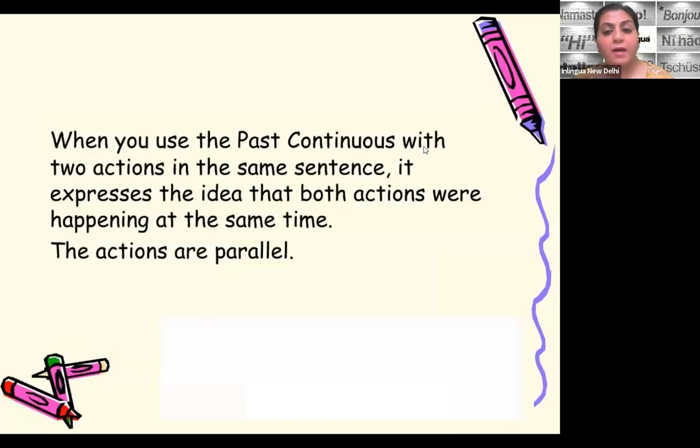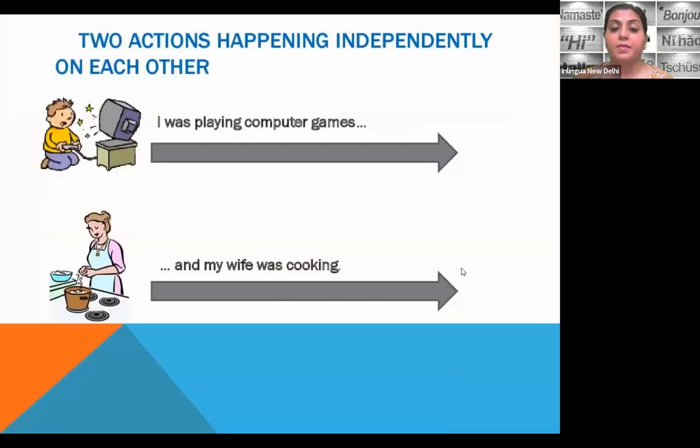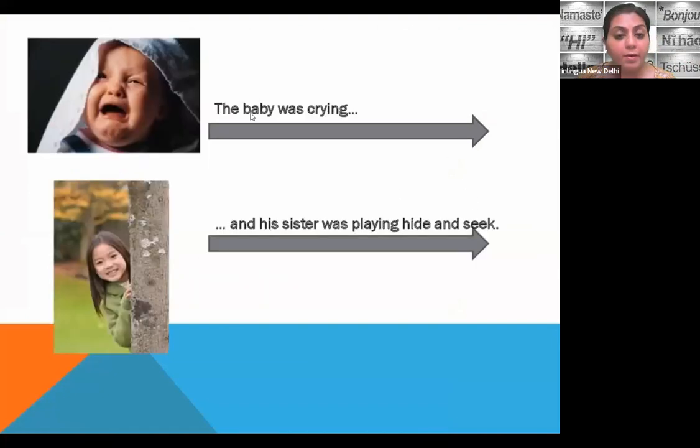When you use the past continuous with two actions in the same sentence, it expresses the idea that both the actions were happening at the same time and the actions are parallel. For example, I was playing computer games and my wife. The baby was crying and his sister was playing hide and seek.